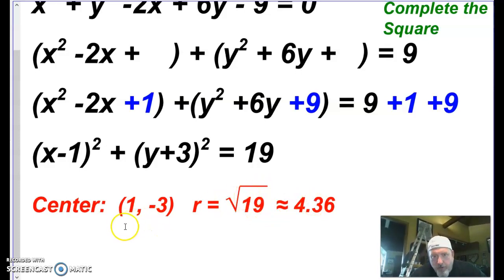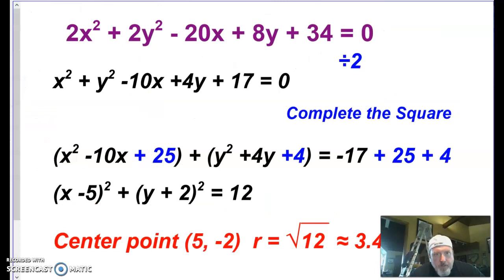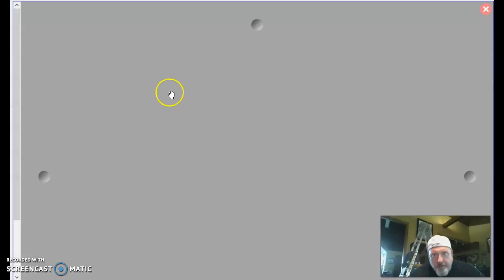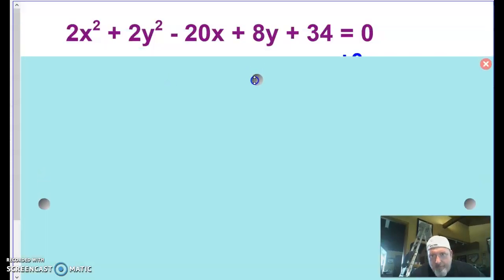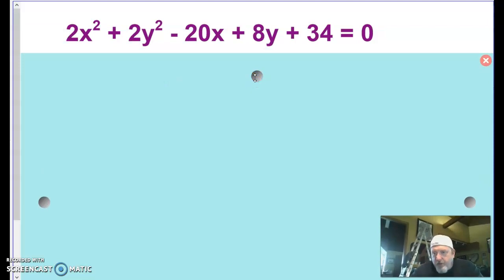I'm going to go ahead and go through a second example of one of these. Again, we're going to start in general form and work backwards to standard form. Okay, let me throw a slide in there just to help out. All right. So again, I picked one here. Usually, whatever you see for the coefficients on x squared, y squared, that's what you're going to divide by. So this one's all even again.